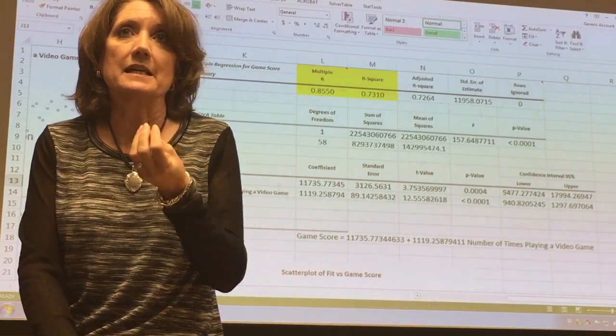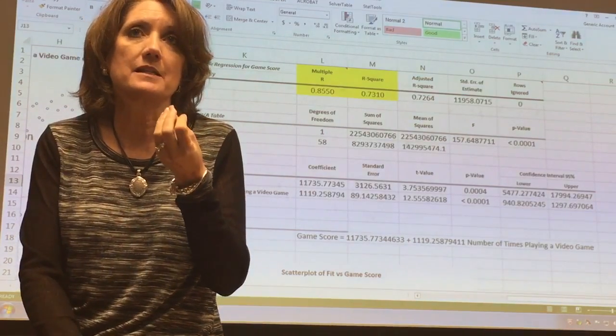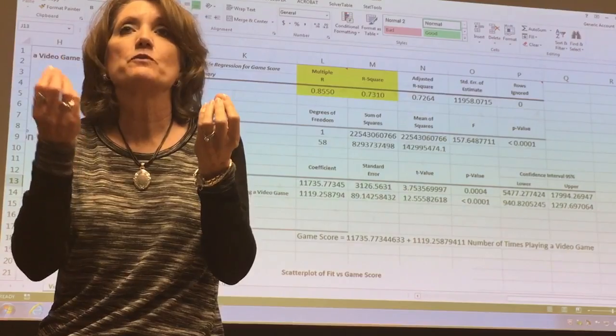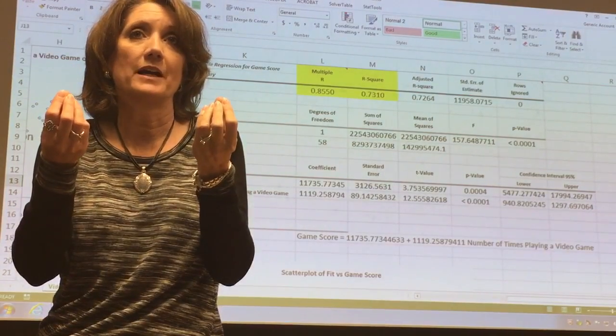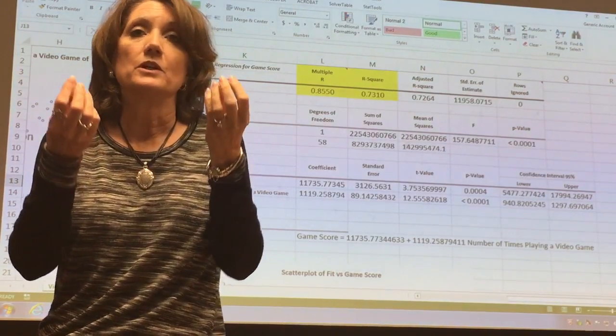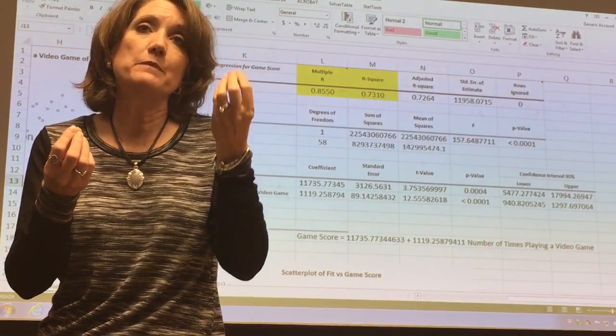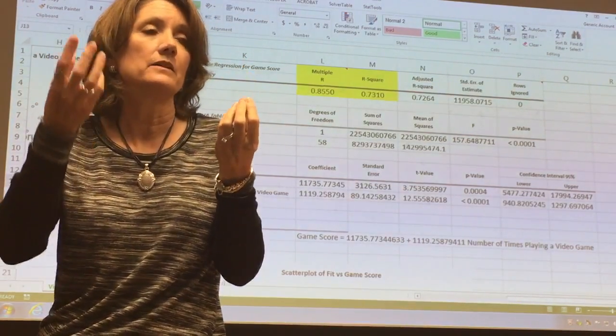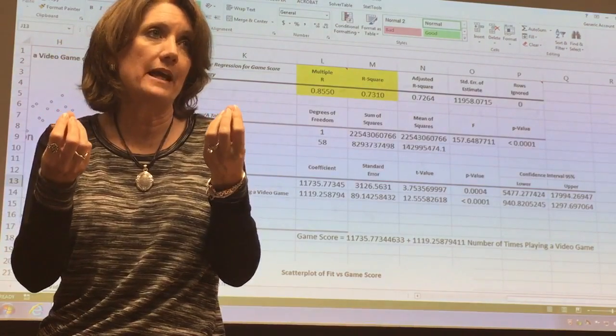What it means is R squared tells us the percent of the variation in Y that can be accounted for by X, okay? In our model, the percentage of the variation in the game score that can be accounted for, explained by, how many times you played the game.